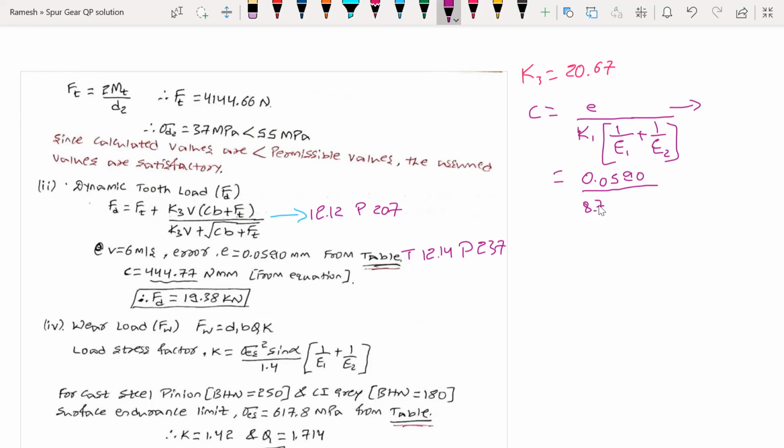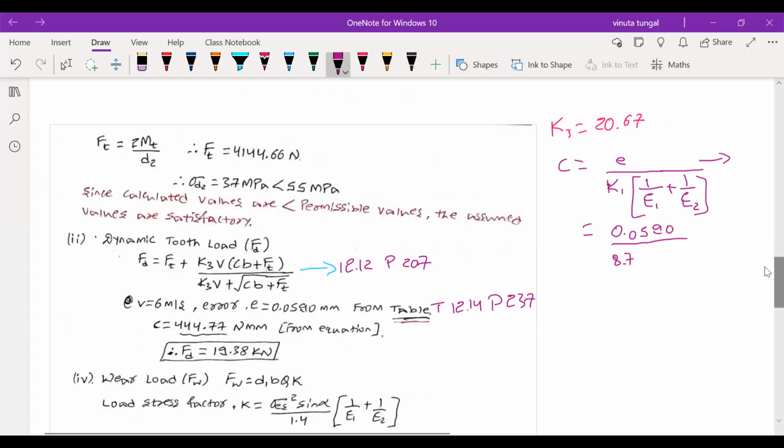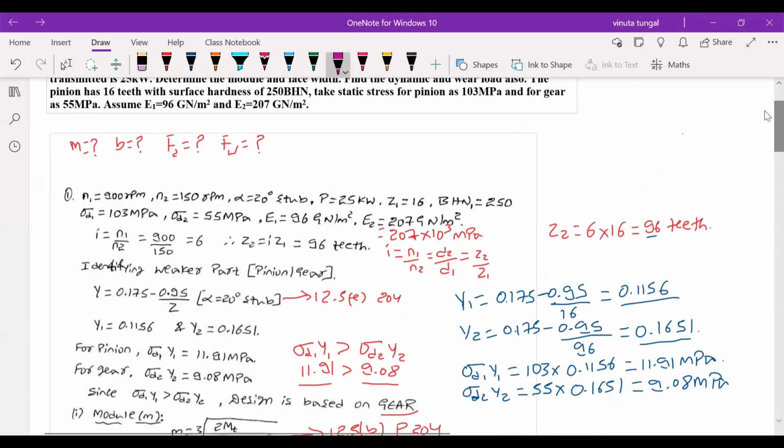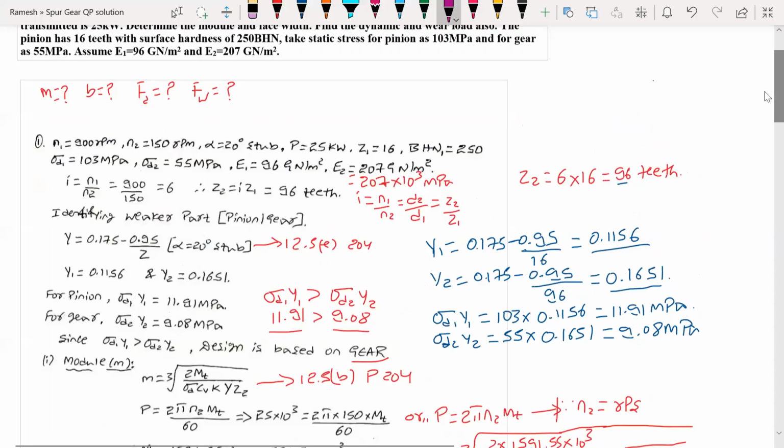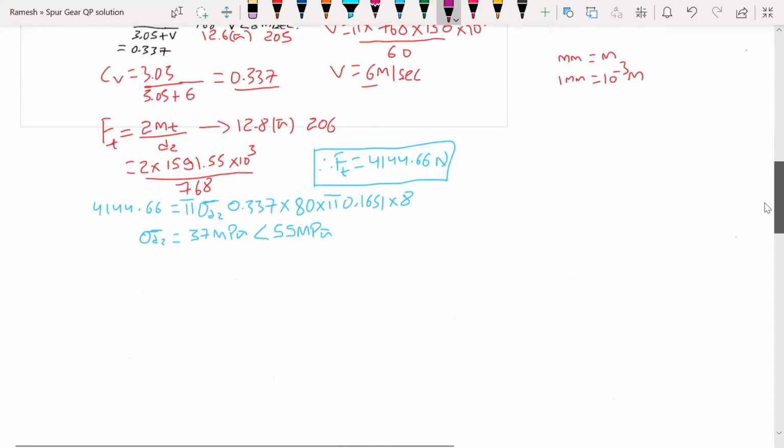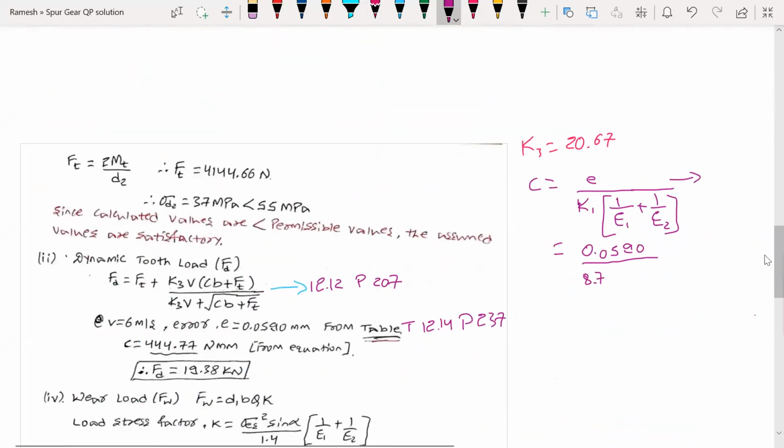You see the given data. Here you can see that the values of E1 and E2 are both given, and I'm going to substitute them in this equation.